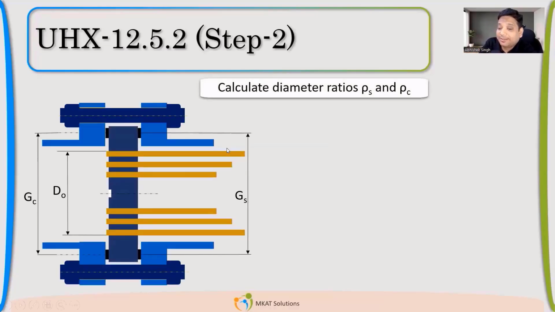we are trying to calculate the ratio of rho S and rho C. What is rho S? Rho S is nothing but GS divided by D naught. GS means, in the shell side, where your bolts are actually acting the loads, the mean dia of the gasket, where due to bolts the gasket load reaction acts.